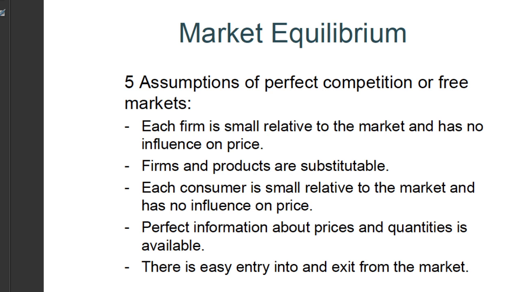Each firm is small relative to market and has no influence on price. Firms and products are substitutable, right? So no one's particularly loyal to a firm or product. Each consumer is small relative to the market and has no influence on price. Perfect information about prices and quantities is available, and there is easy entry and exit from the market.